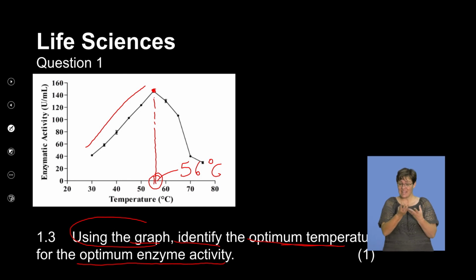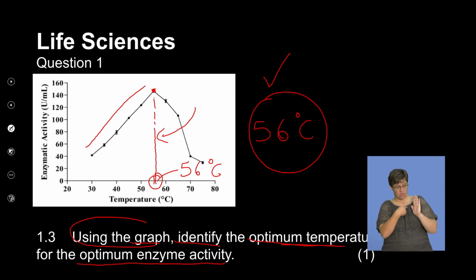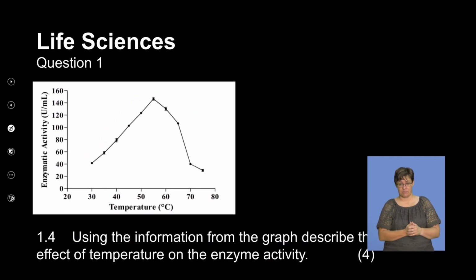Remember that you've got to give the value, so it's 56, and in this case the unit, and that would be the correct answer because you've now identified the temperature by a method called extrapolation. Remember that it's often useful to indicate the line, and that line indicates the method in which you established your answer. It does help for the marker to see the manner in which you've reached or concluded your answer.